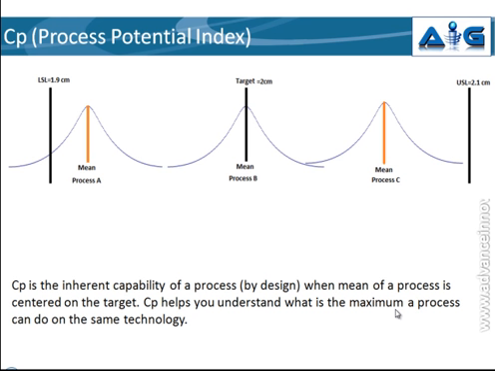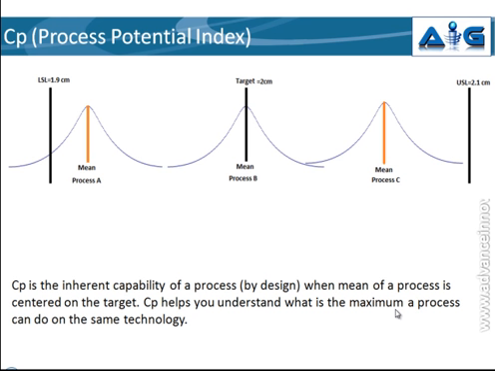This state is called CP of a process, because even if the mean of your process shifts a little bit toward LSL, there will be a good chance that defects will be created toward LSL. Similarly, if your process mean shifts a bit toward USL, there will be a good chance that defects can happen toward USL.